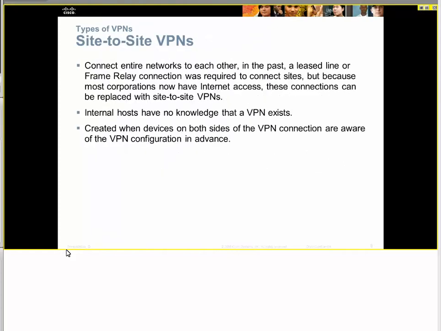Site-to-site VPNs allow you to connect entire networks. So I could have, again, a branch office to a corporate office, a partner to us, or whatever it is. And nobody on either end on the local network knows there's an internet or a public network in the middle. Addresses are always in sync.